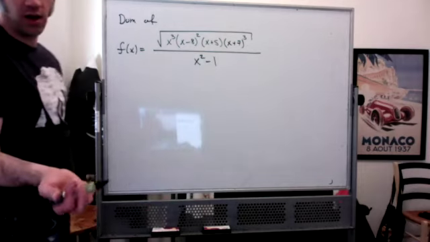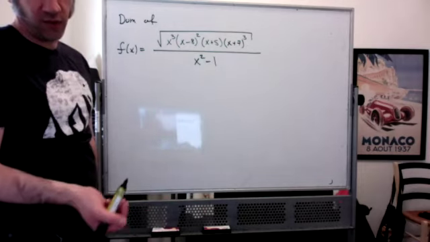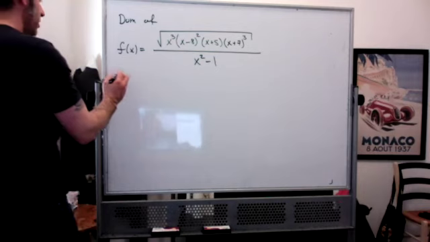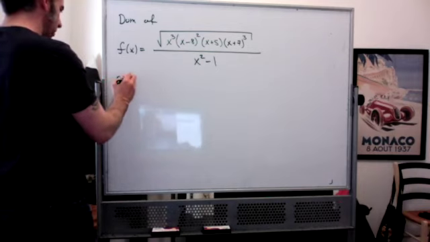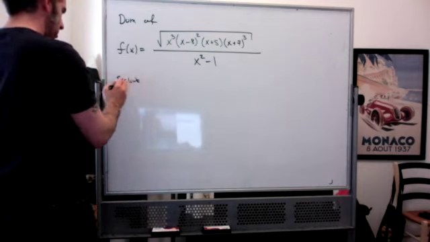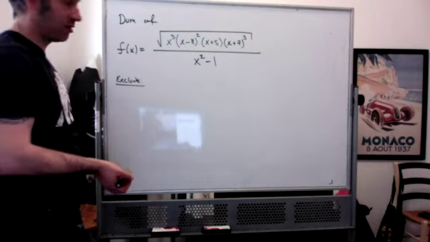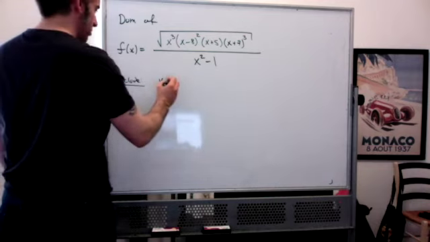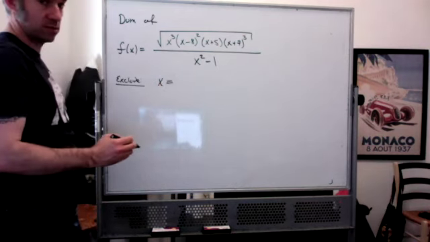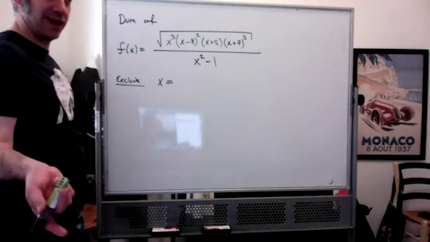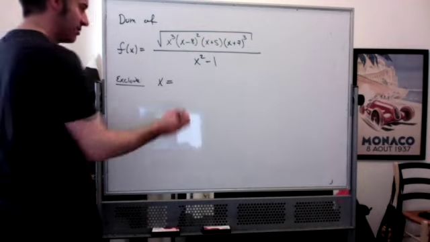So we can write it down, but we can probably all see that we need to exclude what 2 values? What makes the denominator 0 here? Square root of 1, which is equal to what? Plus 1 and -1. Right.